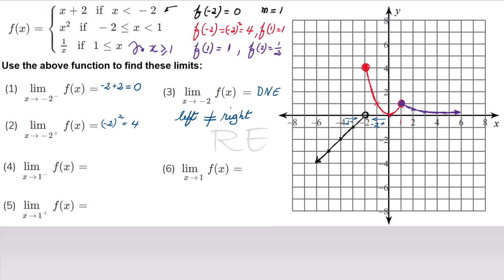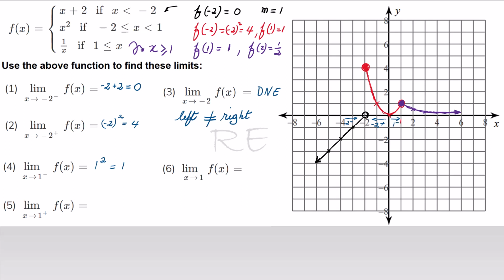For number 4, x is getting closer to 1 from the left, from the negative side. Therefore, we have to consider x squared, the parabola, and 1 squared is 1.